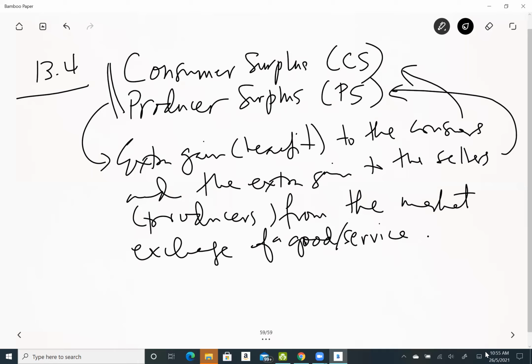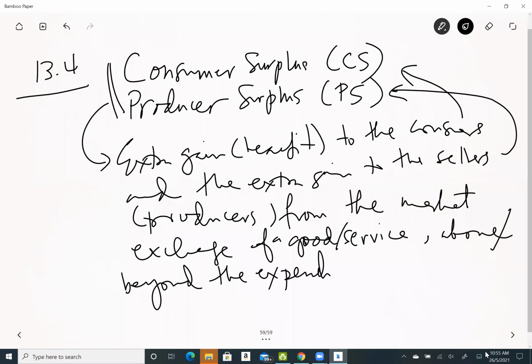Extra benefit above or beyond the expenditure. That means you pay, you got the quantity. That means that's expenditure. Beyond the expenditure, the consumers spend, beyond the expenditure and the revenue.